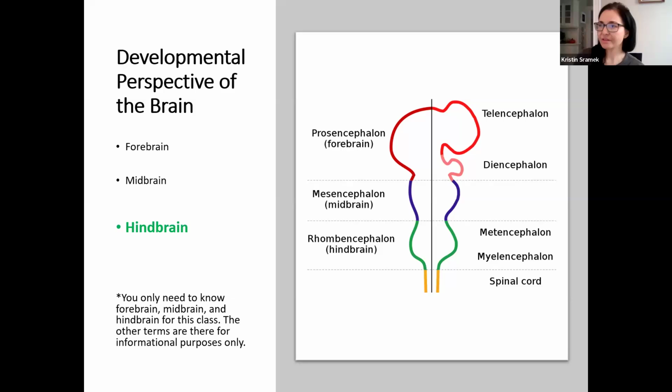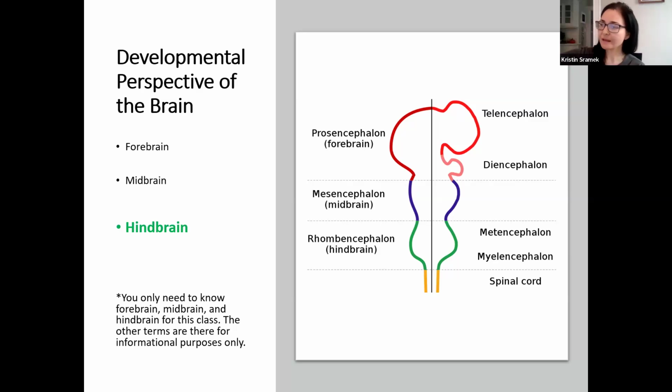In terms of the actual parts of the brain, these are, again, not for you to memorize, but if you are interested in the actual biological terms for these parts of the brain, they are listed here for you, so you can use that as a reference, in particular if you are going to continue with taking more biology courses.